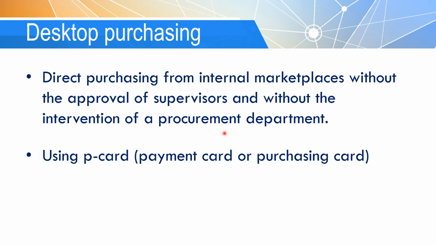Sometimes certain companies provide a P card, which is a payment card or purchasing card. It means when we want to buy, there is already a budget of its own, so you can use this payment card. That is desktop purchasing. It doesn't mean buying by desktop or buying with a desktop. It is direct purchasing from internal marketplaces without the approval of supervisors and without the intervention of the procurement department.